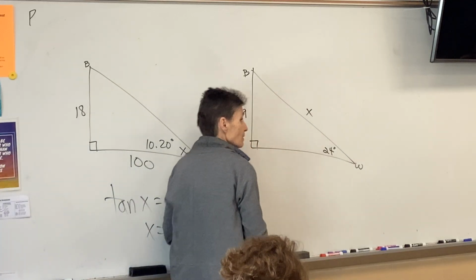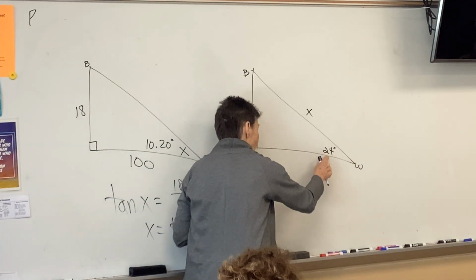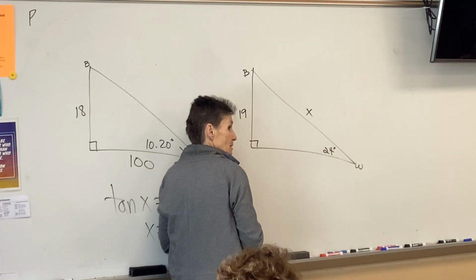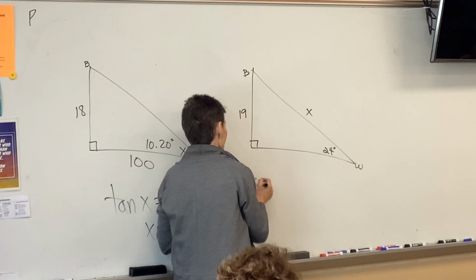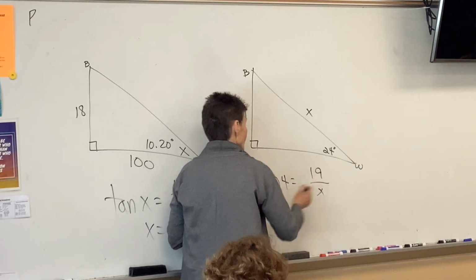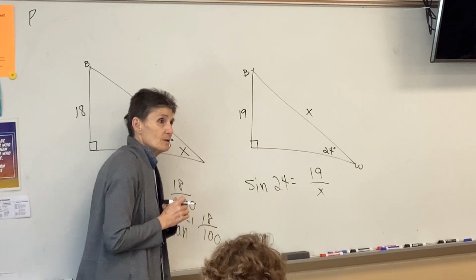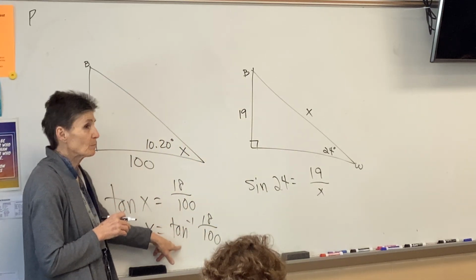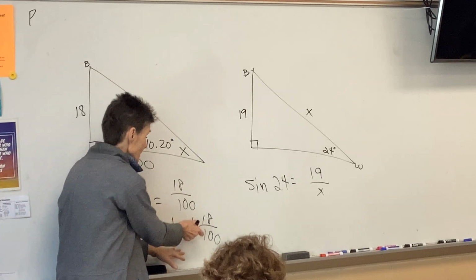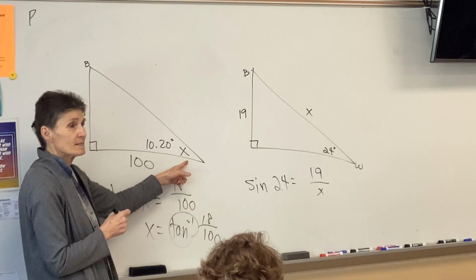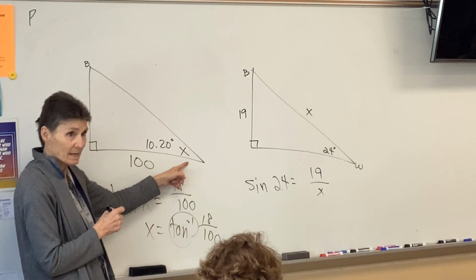Sine, cosine, or tangent? Look at that angle right here. Look at these sides. What do we got? Sine. So sine 24 equals opposite over hypotenuse. Am I going to be using this button this time? No, because I only use these buttons, the inverse buttons, when X is the angle.